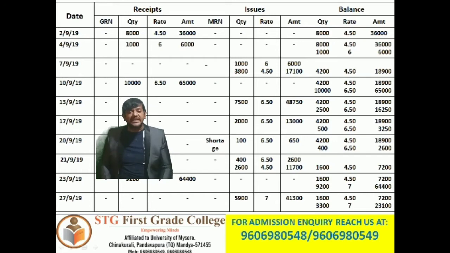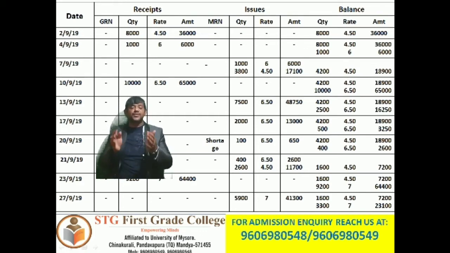So on 2nd September, purchase 8,000 units at rupees 4 rupees 50 paise per unit. So how much? 8,000 units. Purchased means that should be reflected under the receipts side. So go to the receipts column, GRN dash, quantity.